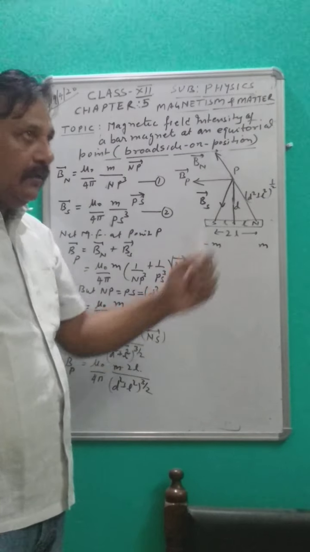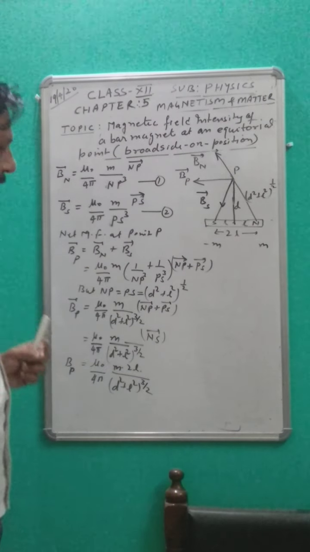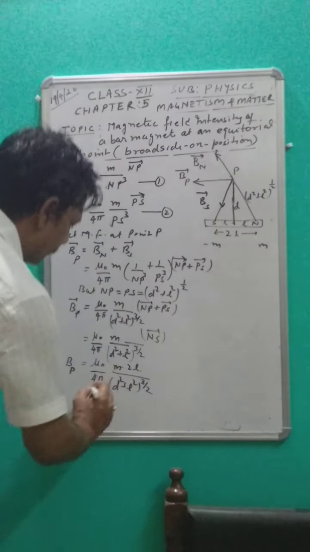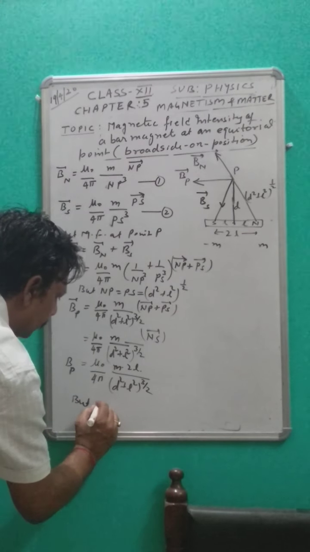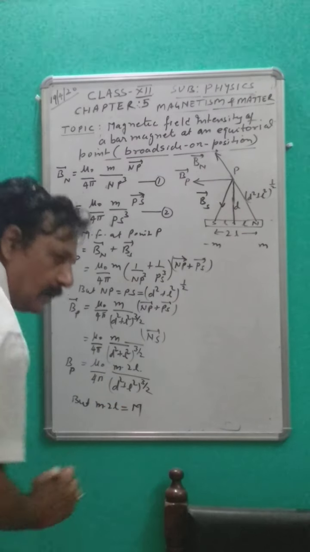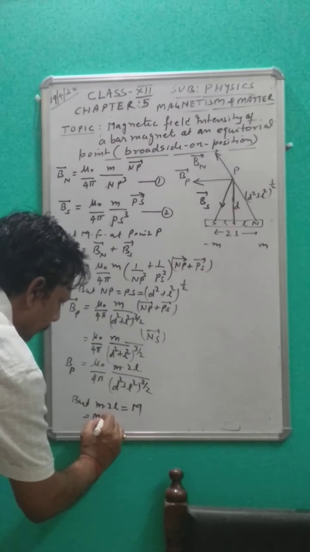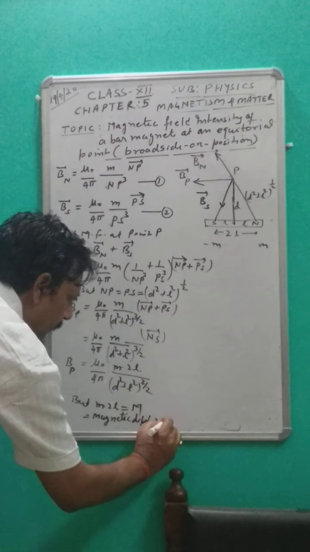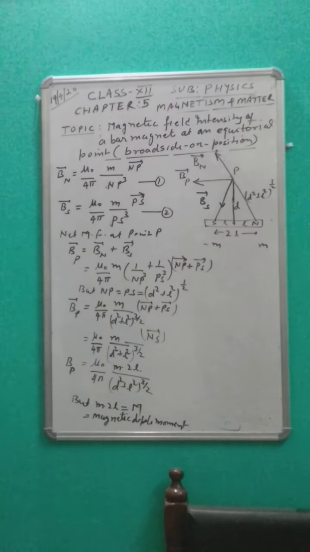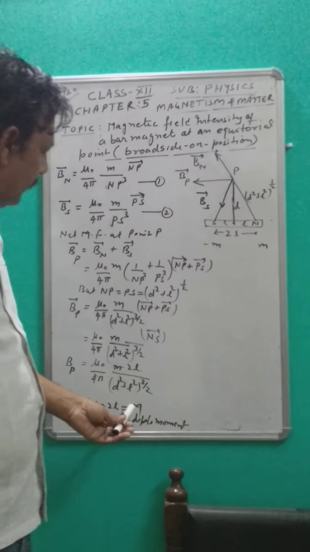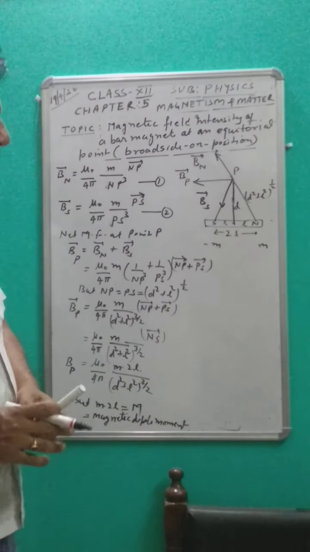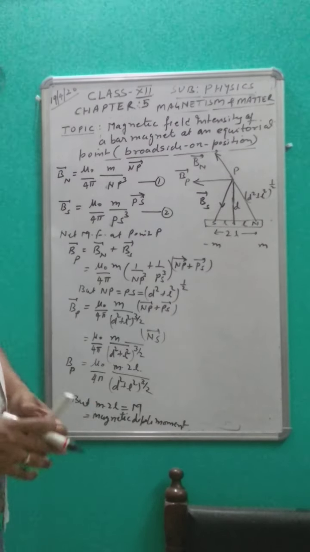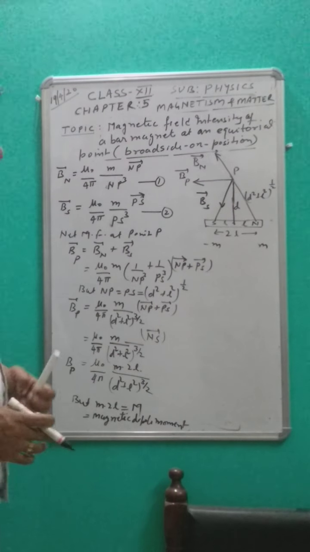Here NS is equal to 2l, which is the magnetic length of the bar magnet. The product m into 2l is equal to capital M, the magnetic dipole moment. Small m is the pole strength and 2l is the dipole length. The product of pole strength and dipole length is known as the magnetic dipole moment.